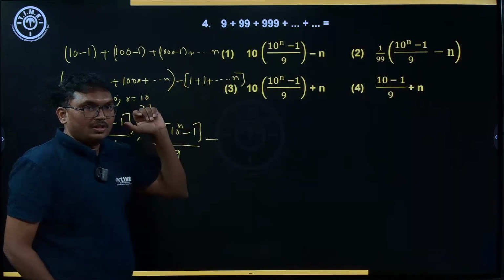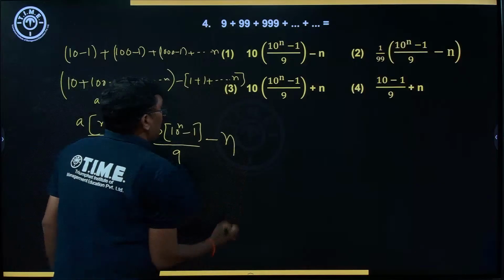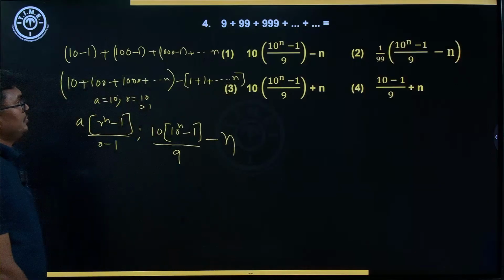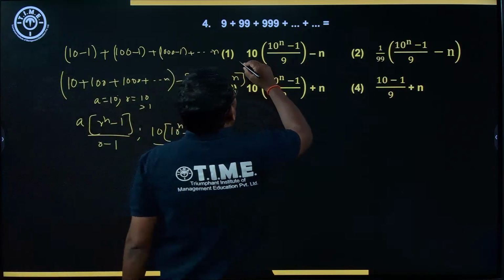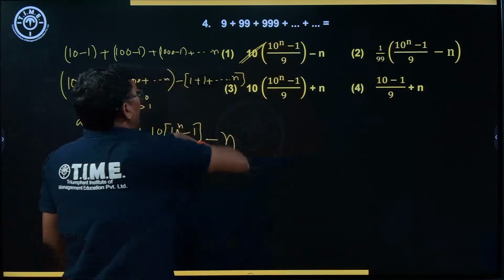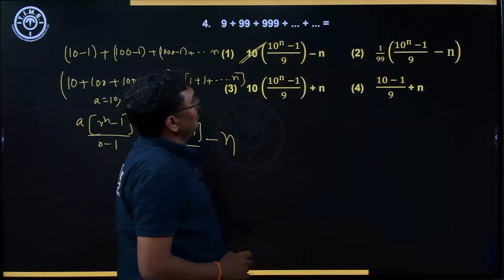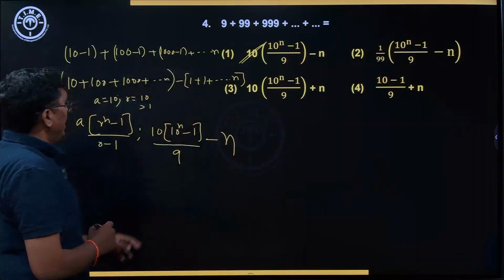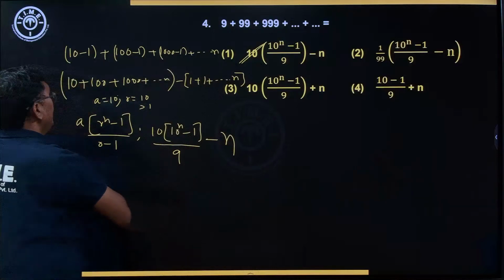If 3 terms are there, 3. If n terms are there, the sum is n. So the correct answer is choice 1. So minus n, right? So 10 into 10 power n minus 1 by 9 minus n, right?